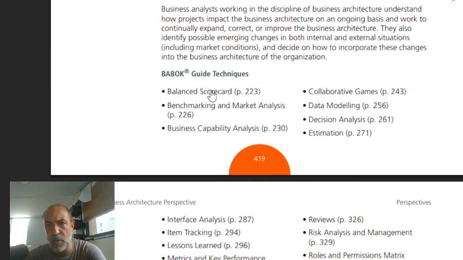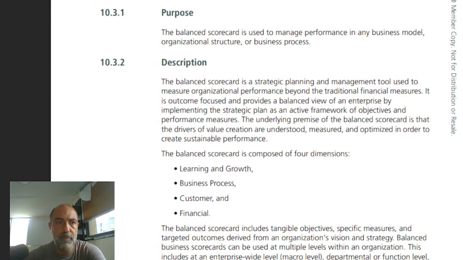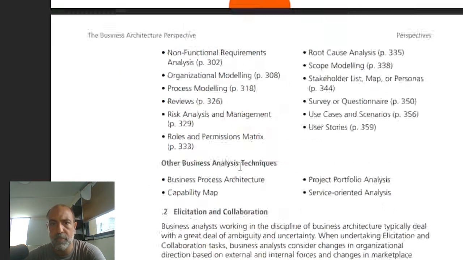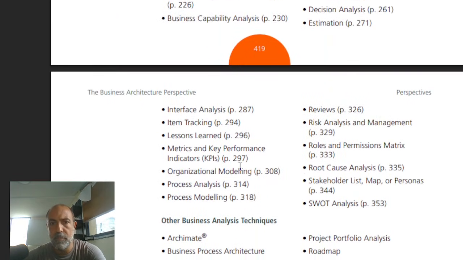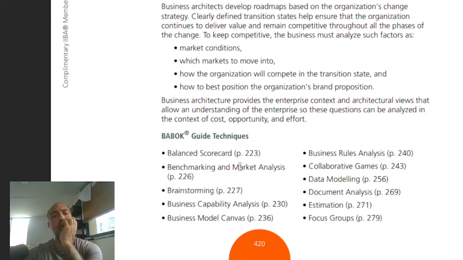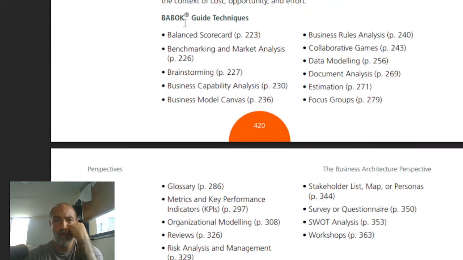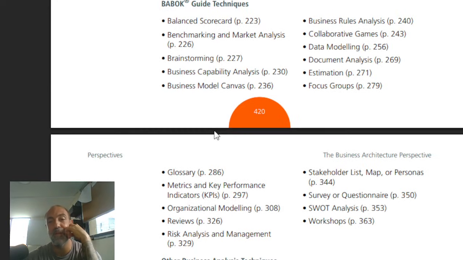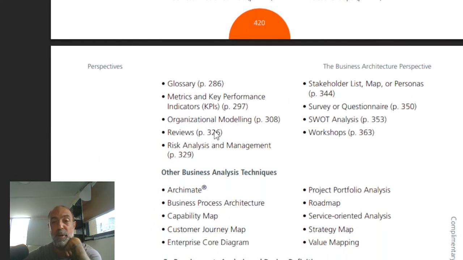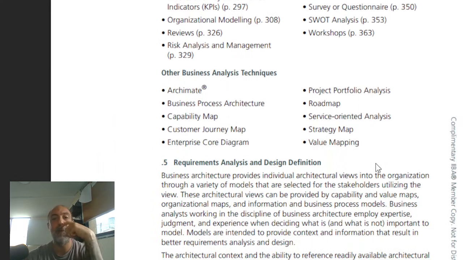So here you use balanced scorecards, business analysis, rules analysis, benchmarking, collaborative games, data modeling, brainstorming, document analysis, business capability analysis, estimation, business model canvas, focus groups, glossary, stakeholder metrics, organizational modeling, reviews, SWOT analysis, survey questionnaire.